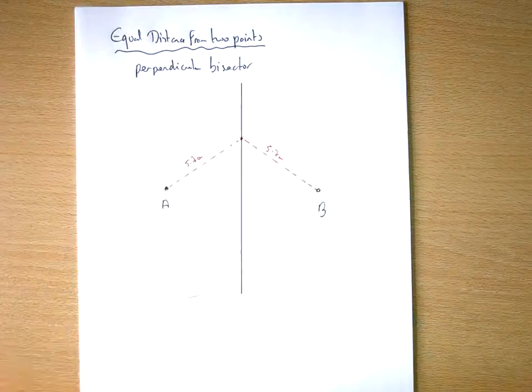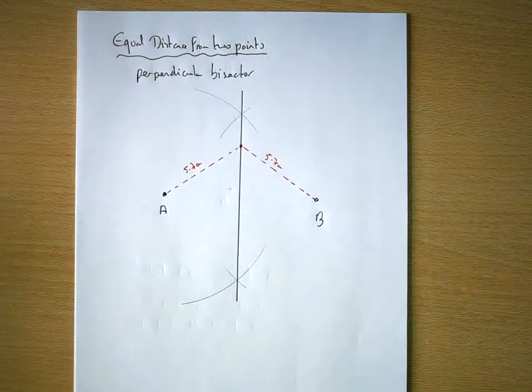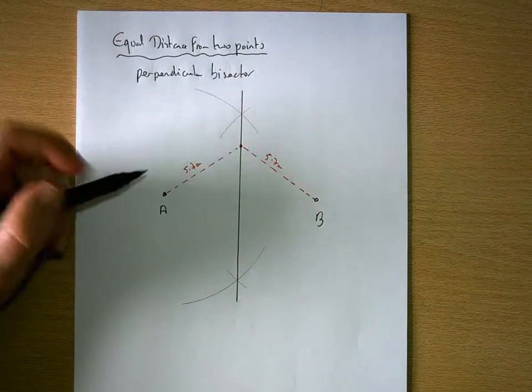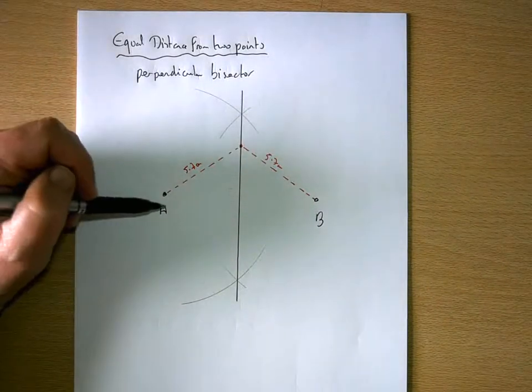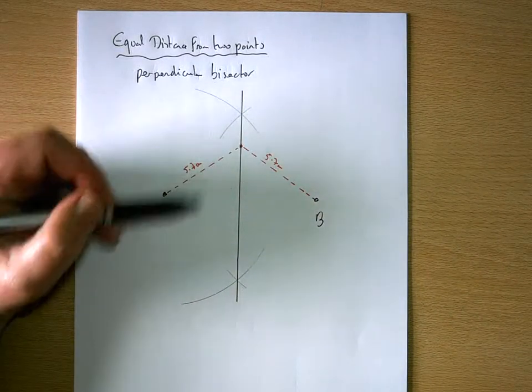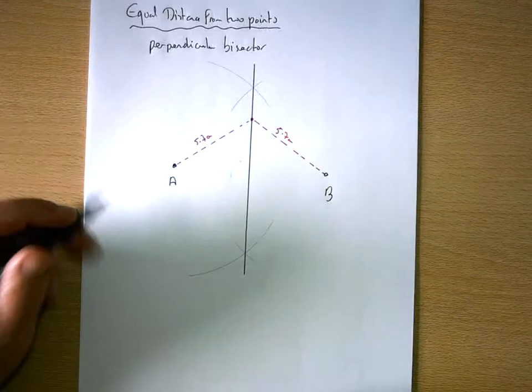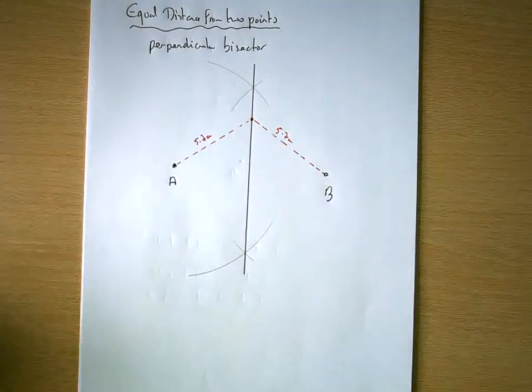So again, if you think of the language, if the question is interested in the point being exactly the same distance from those two, then it would be on that perpendicular bisector.